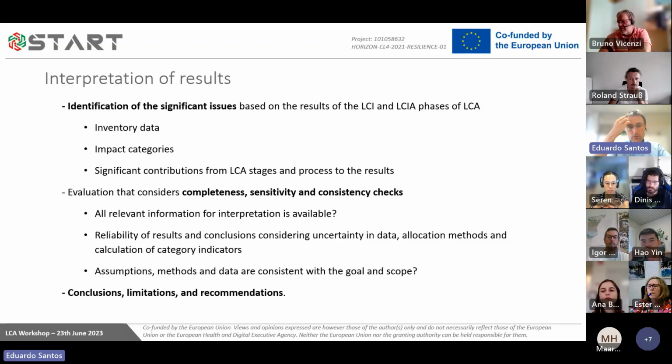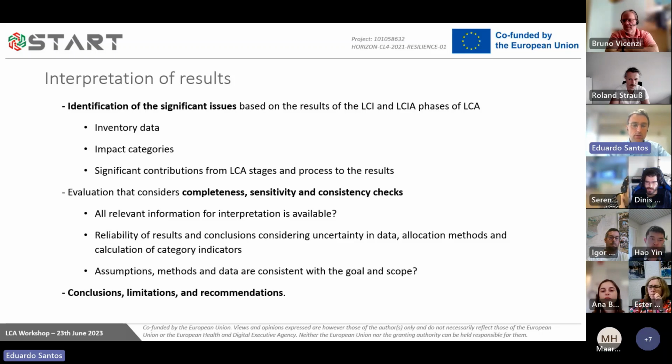Also, in terms of the robustness of the methodology, we should take into consideration the results regarding the completeness of the information and data available. Also do the sensitivity analysis and checks on consistency of the data and results, always to try and avoid any misunderstanding about results or some strange results that could very easily happen.